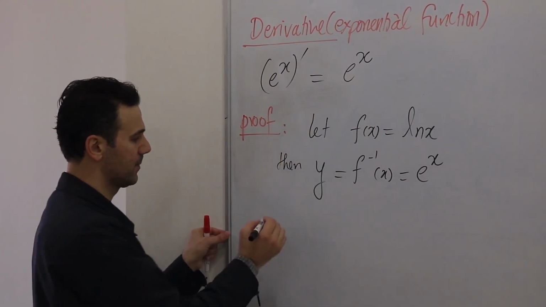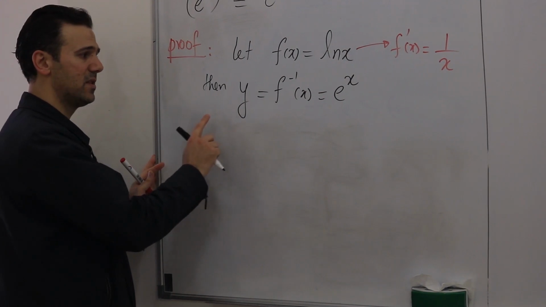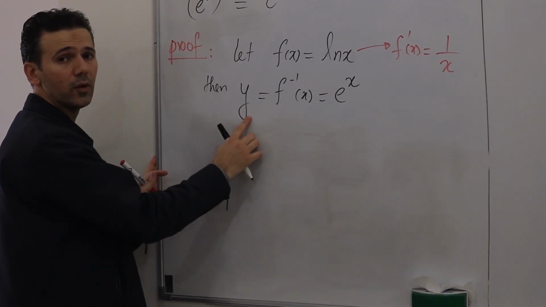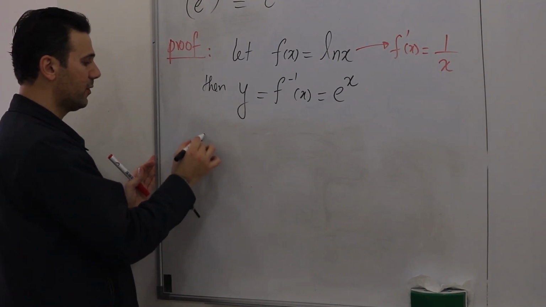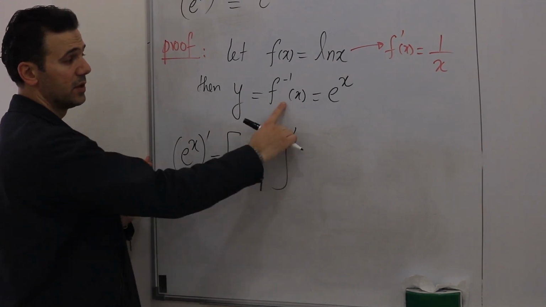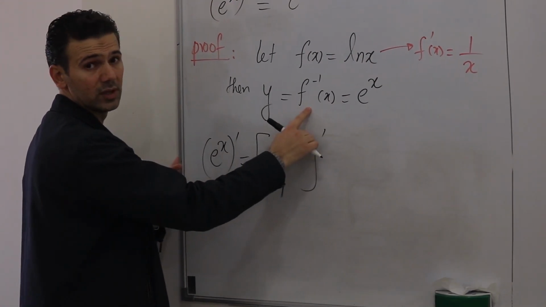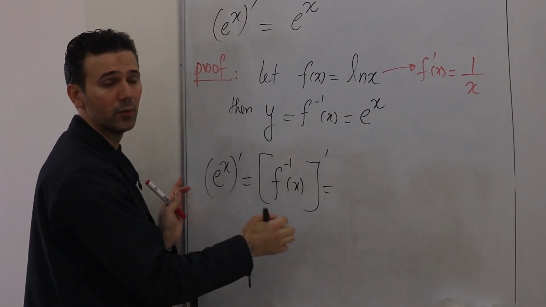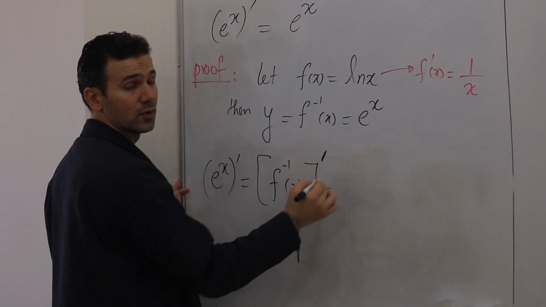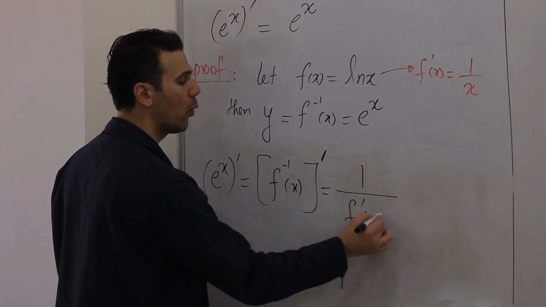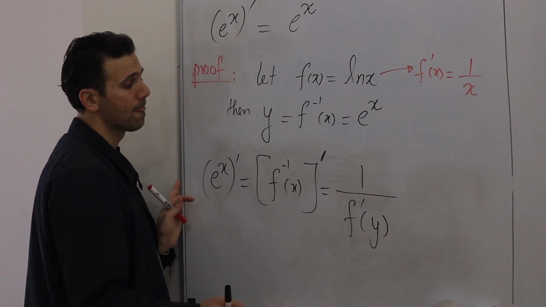How could we do this? Well, we need the derivative of e^x, that is the derivative of y. It will be the derivative of the inverse function, since it is equal to e^x. As a formula we know from the revision we did before, it will be 1 over f prime of y, not of x.